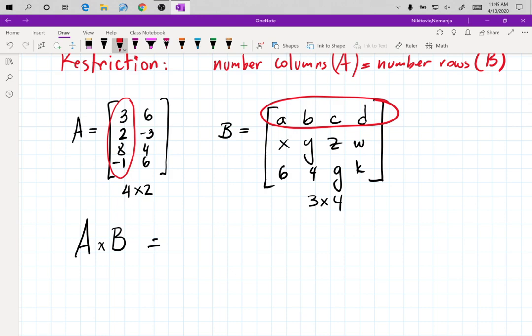Oh, I hate this example, because I'm not going to get a number to put here.